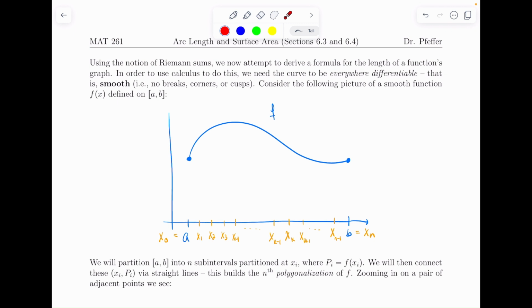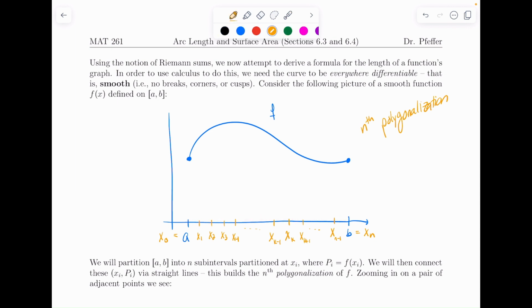But instead of building Riemann's rectangles, because we're interested in arc length, instead we're going to pass to what we're going to refer to as the nth polygonalization. Essentially, this is saying, you see that partition we built here?